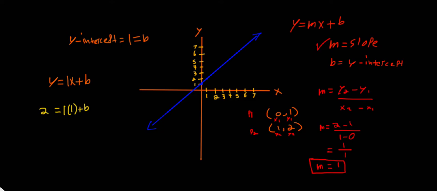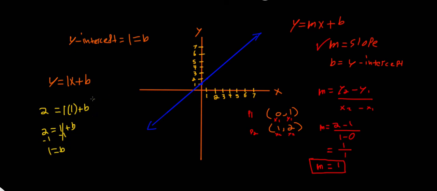Now we have a very simple linear equation, and we can just isolate b and solve for b. So 2 equals 1 times 1, which is just 1, plus b. We subtract 1 from both sides. 2 minus 1 is 1. So b equals 1. And you might notice that we got the same exact value.